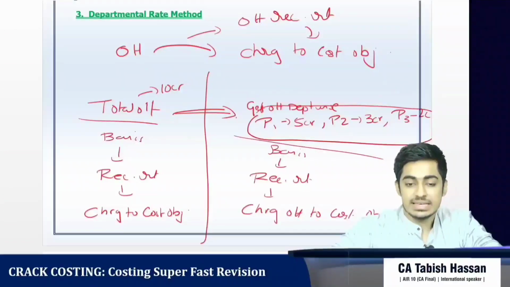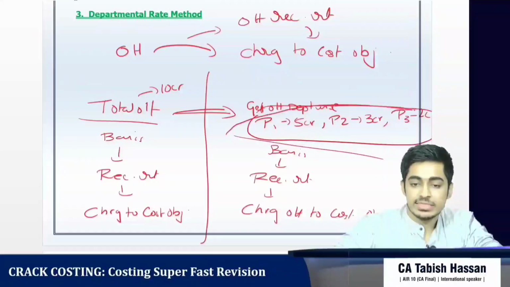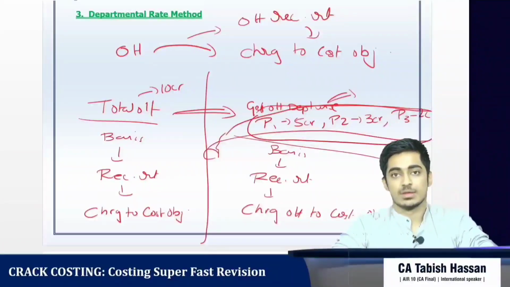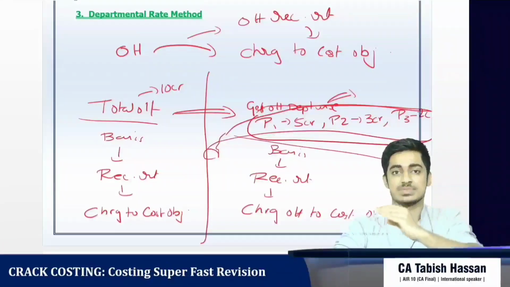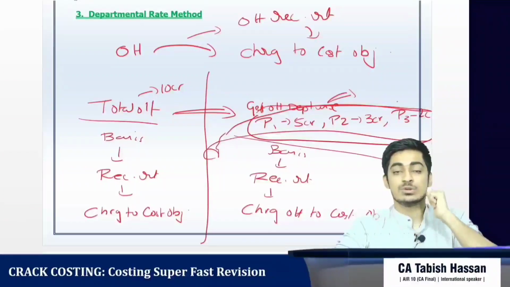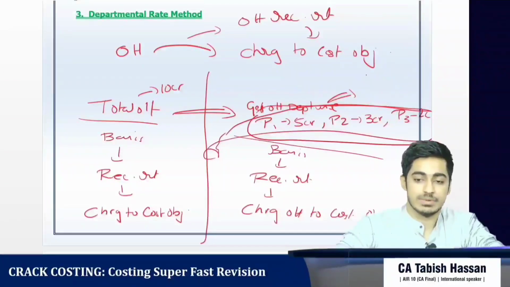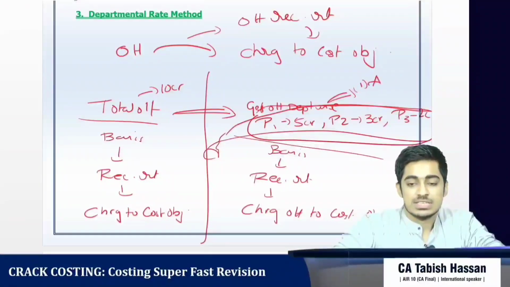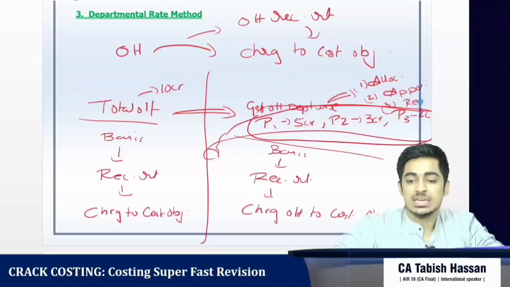The main thing is, how do we get the total overheads for every department? We'll have to follow 3 steps, and at the end of these 3 steps, we'll get the total overhead for every department. First is allocation, second is apportionment, third is reapportionment.